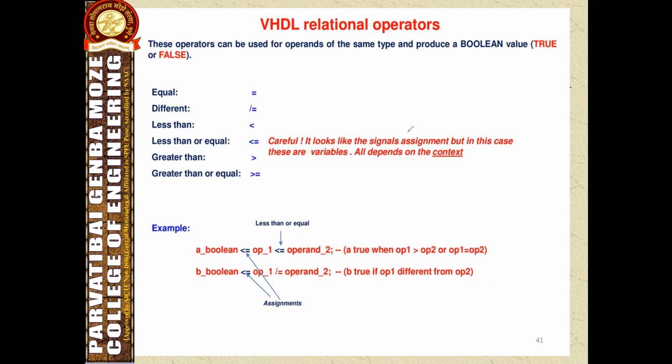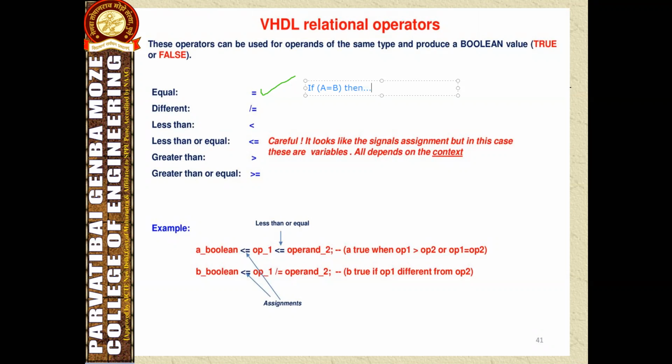So let's see some of the relational operators of HDL. Here we are shown in the figure. For the equal relation, we will use this sign. For example, if we are writing a command like if A equal to B, we are going to compare two objects or two values.